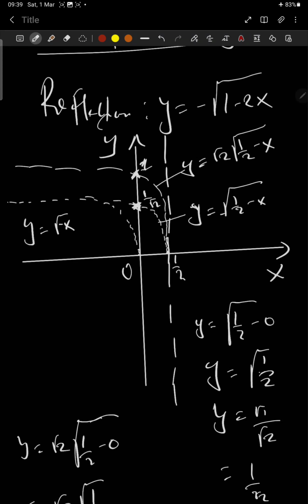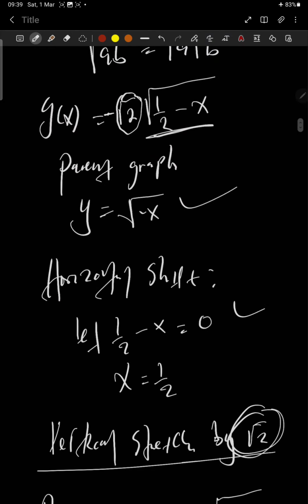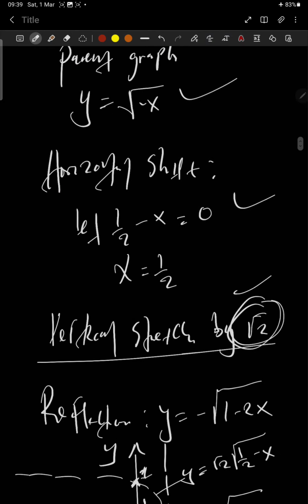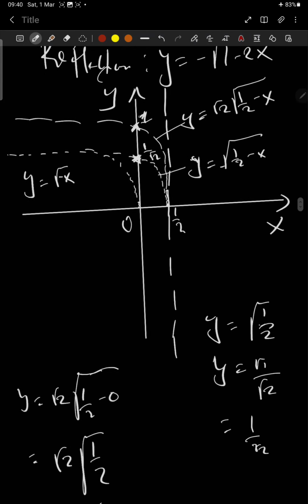Okay, now let's go to the reflection. We are done with the shift and stretch. If this is positive 1, it will reflect to negative 1. So the graph will be like this.